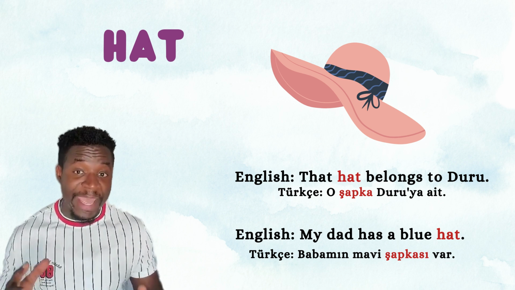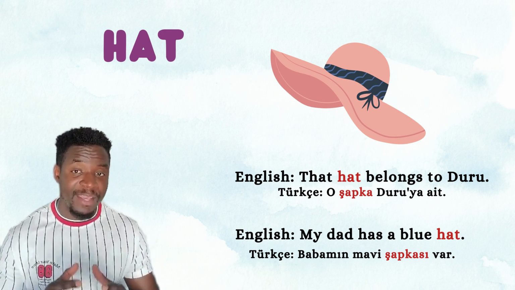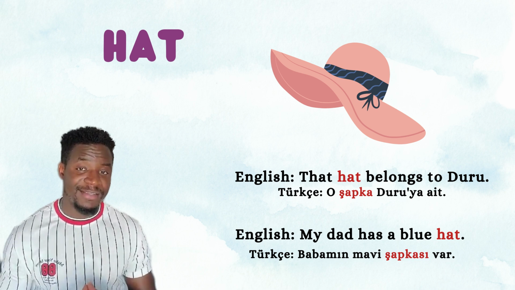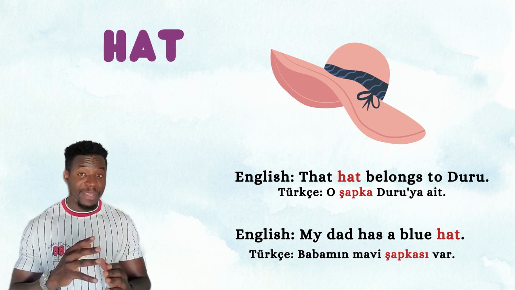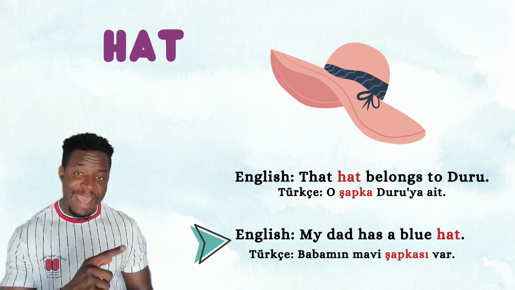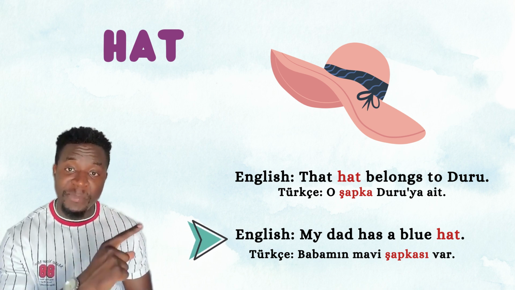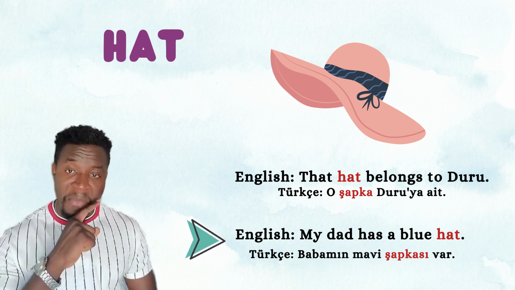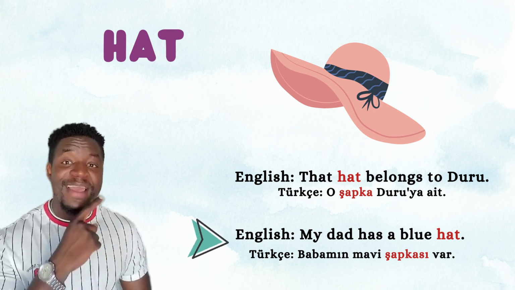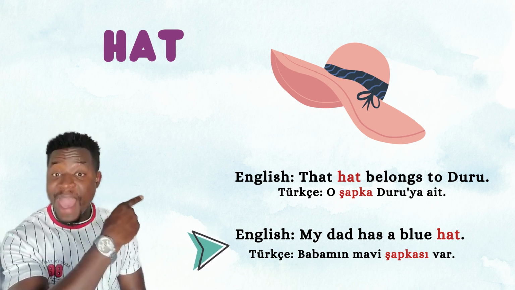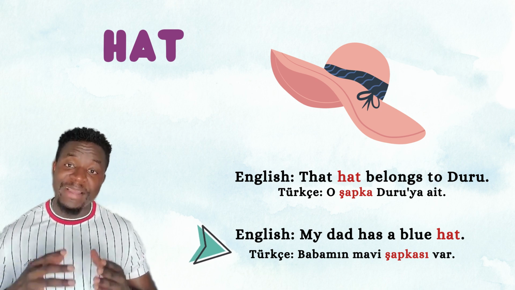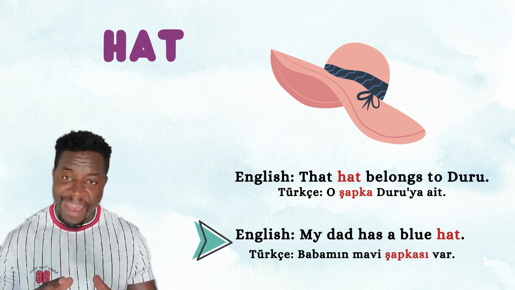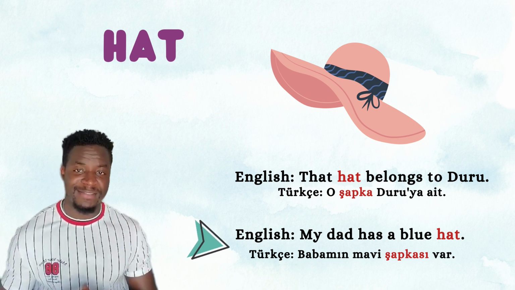Can you think about any example that we can make with the word hat? Yes. That example could be, my dad has a blue hat. You see right here? Yes. My dad has a blue hat.